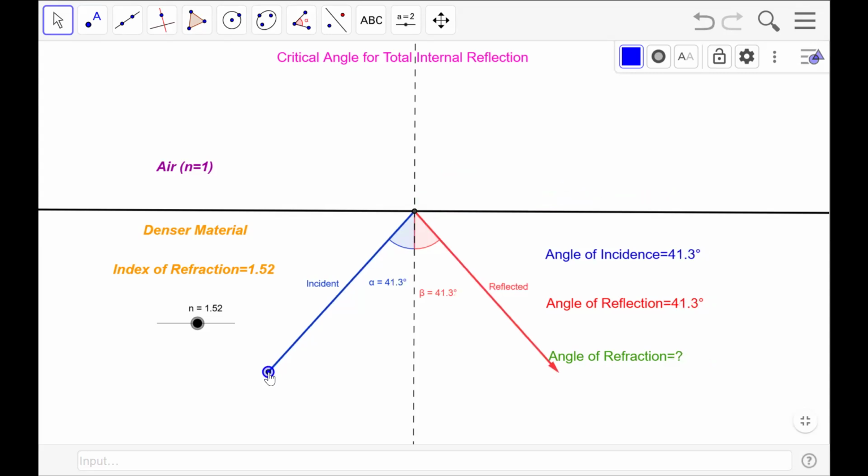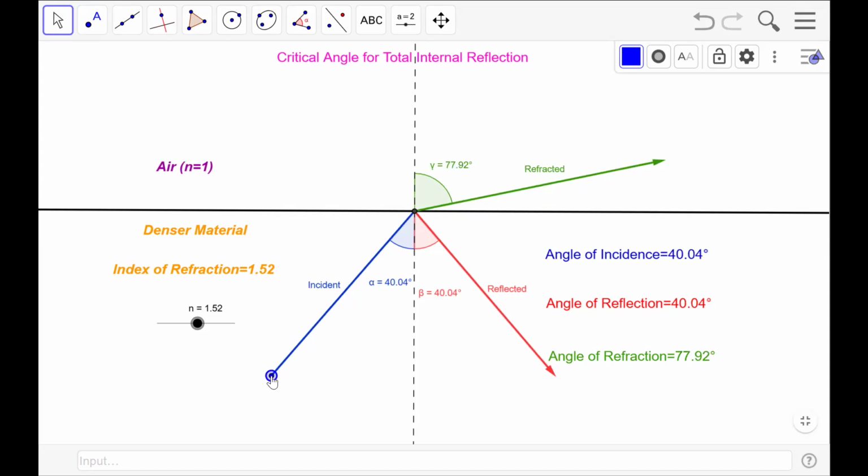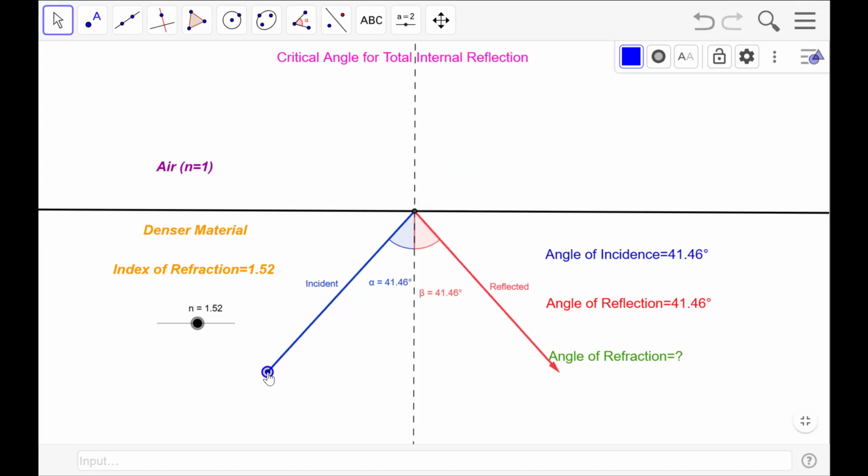So at a certain stage, r becomes 90 degrees, and the refracted ray will be grazing the boundary. So the refracted ray will be grazing the boundary.